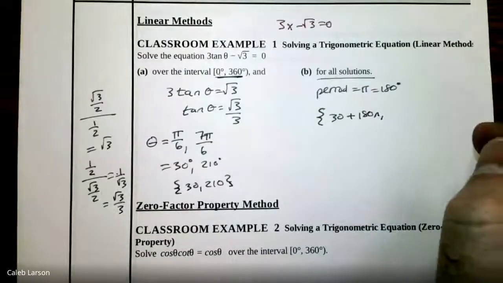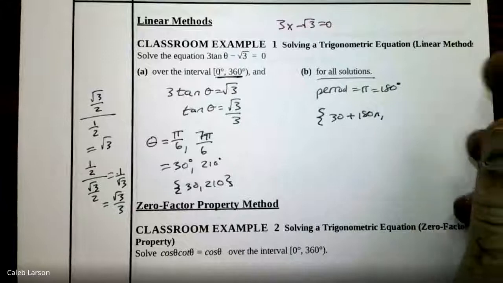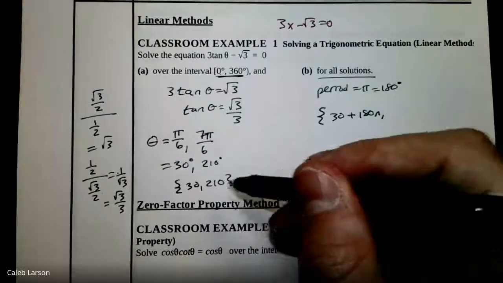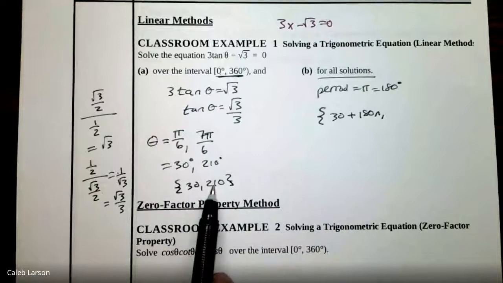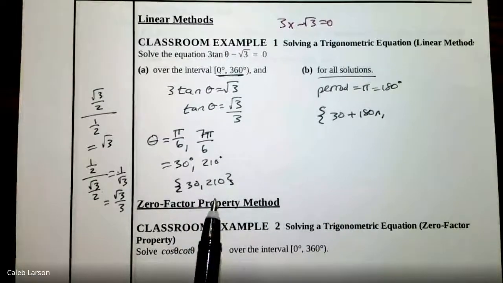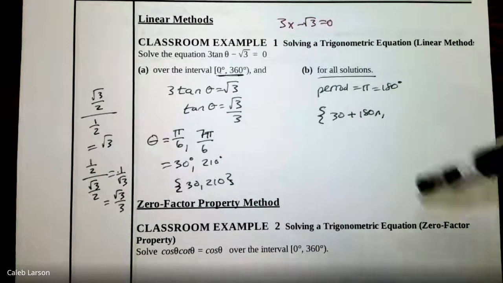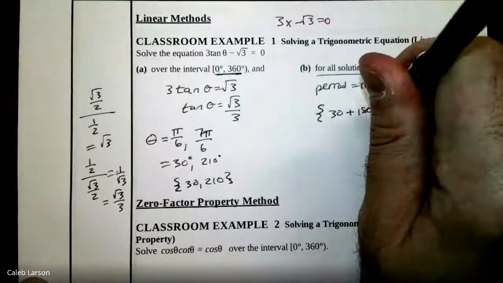So do 30 plus 180n, and if you imagine, if we add 180 to 30, we get 210, so we don't even need to add another one, right? We don't need to do 210 plus 180n, because this is the same thing. So right here is just our solution.